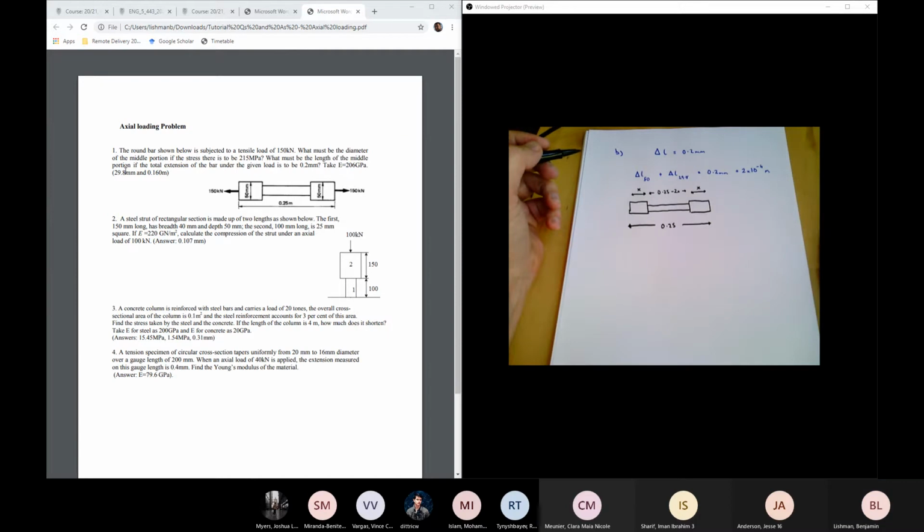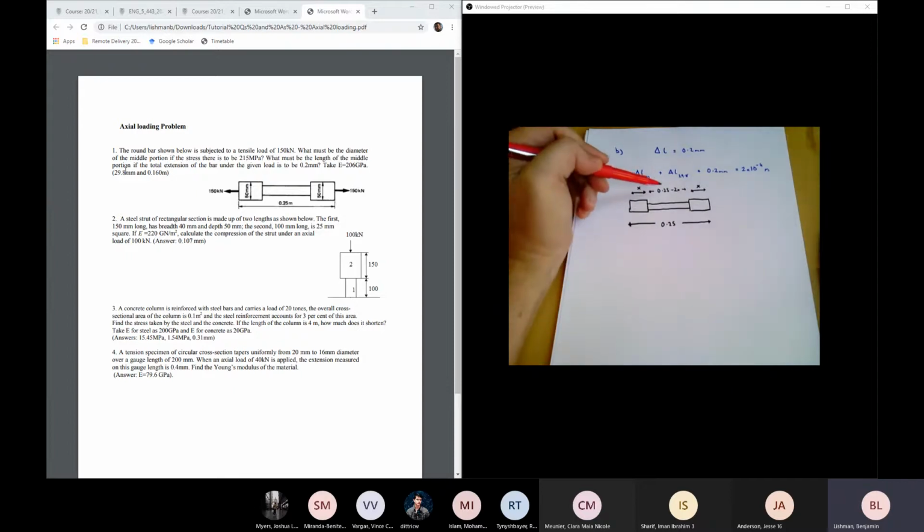So now we can start using our stress-strain relationships to work out what x must be. And in a way, you could say I've done this the wrong way around. The thing we actually want to know is the length of the middle section, but we've already written down an expression for that in terms of x, so we'll be able to get to it pretty quickly.